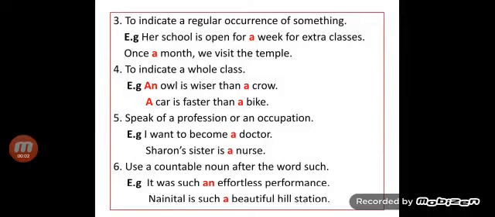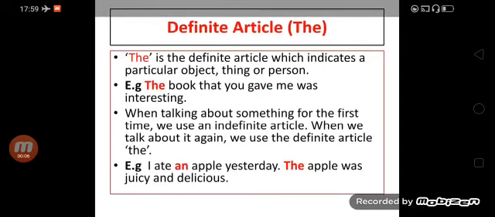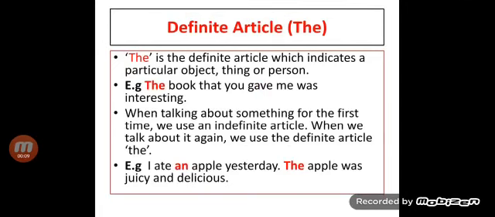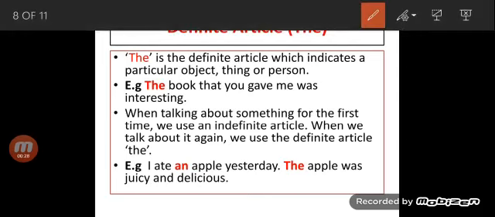This was all about indefinite articles. Now let's discuss definite articles. Definite article, the. The is a definite article which indicates a particular object, thing or person. So when we are talking about a particular object, thing or person, we use the definite article the. For example, the book that you gave me was interesting.